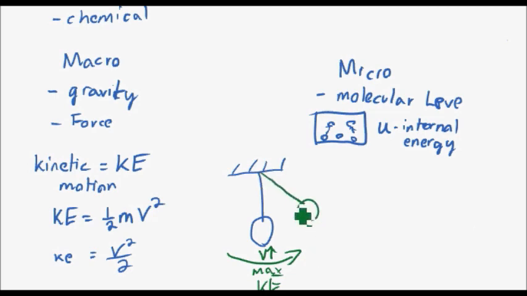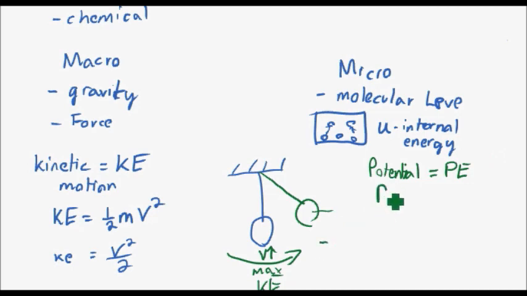But what happens when the pendulum gets over here? At this point you have the maximum amount of potential energy, which is the other one that we were discussing. Potential energy is written as PE. It is just another type of energy which is related to the displacement.